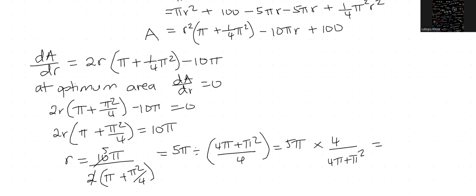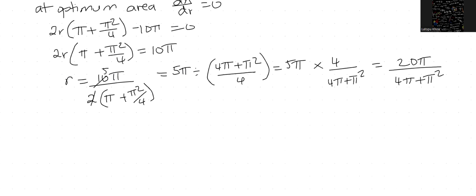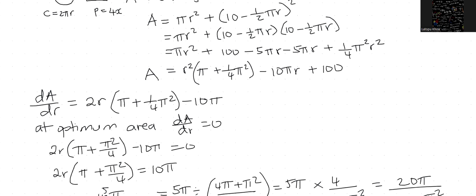So this is 20 pi over 4 pi plus pi squared. So that is our radius. And then we can work out the second derivative and test to see whether this in fact gives us the minimum. So d²A/dr² for the optimum, because it doesn't say whether it's a minimum or maximum.